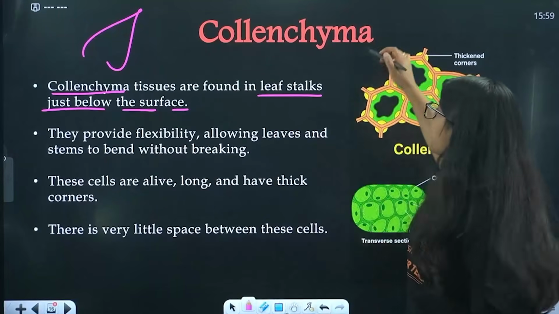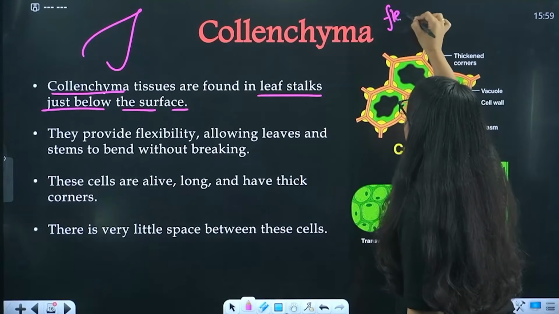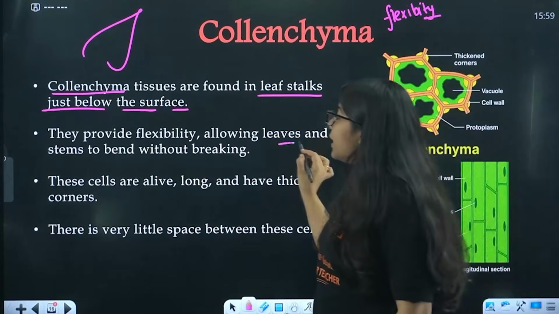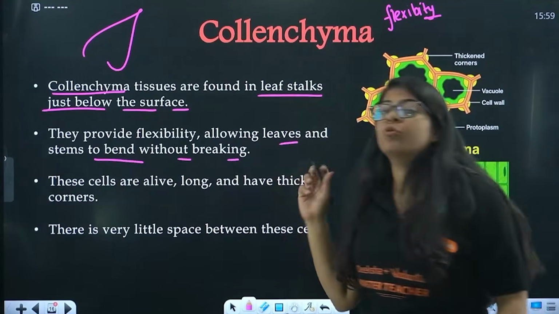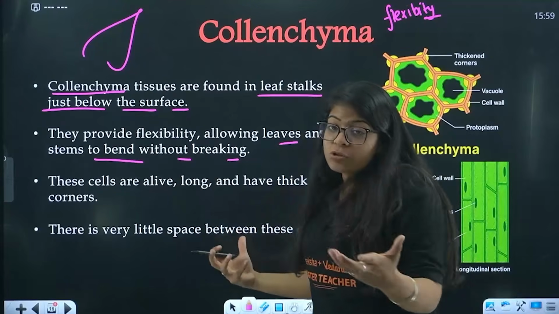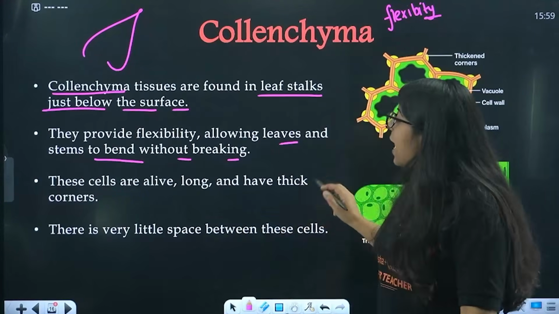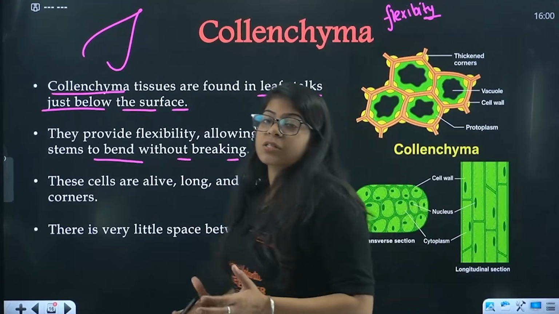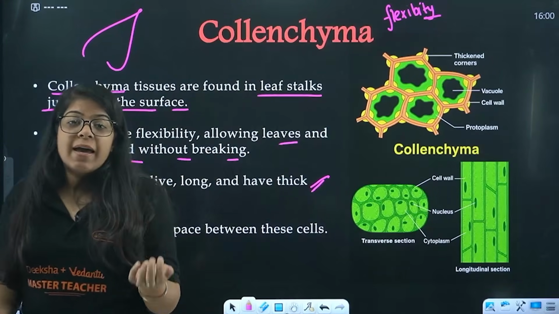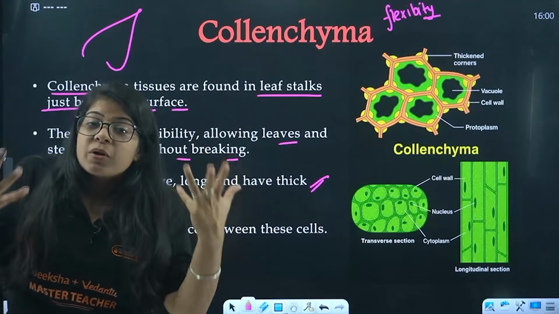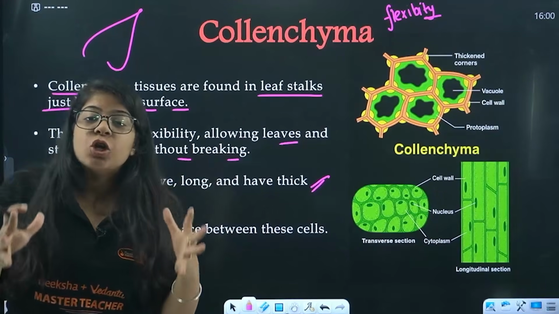So collenchyma provides flexibility to your leaves, allowing leaves and stems to bend without breaking. These cells are also alive. They are long and have thick corners. They have thick corners since they have to bend with the air, so to protect itself, it has thick corners.